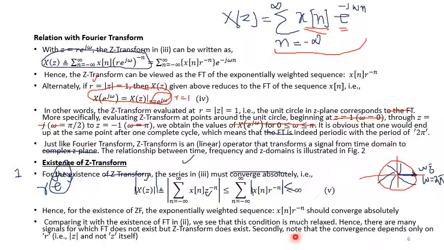Hence there are many signals for which Fourier transform does not exist, but Z transform does exist. Secondly, note that the convergence depends only on r, which is absolute value of z, and it doesn't depend on z itself.